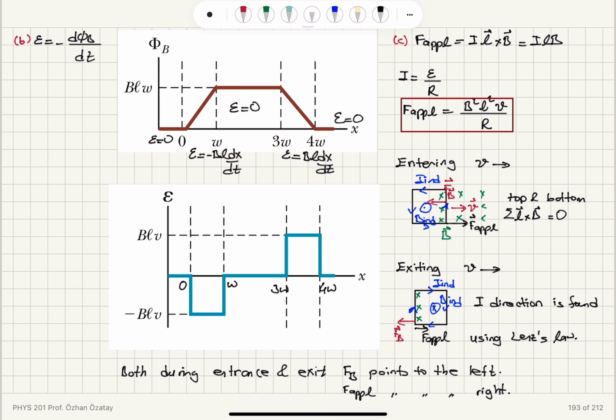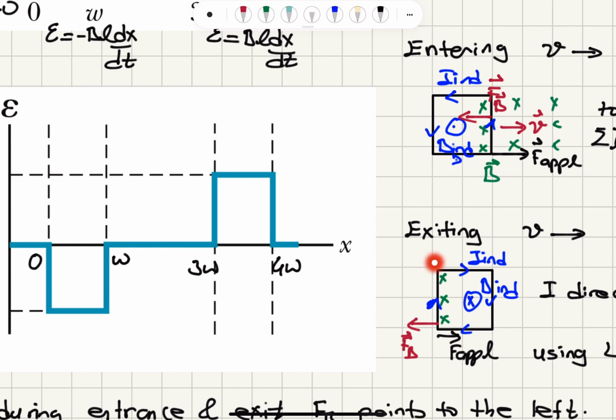When we are exiting, the magnetic force we're going to feel will be due to the left side of this wire. Now its induced current will be producing a magnetic flux into the page because the flux into the page is decreasing. That means the current flow should be in a clockwise direction.